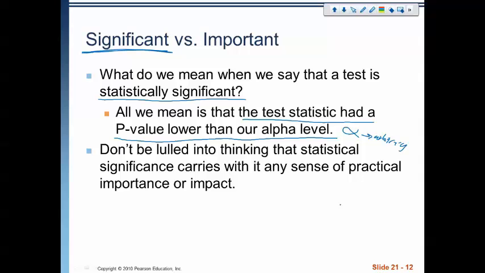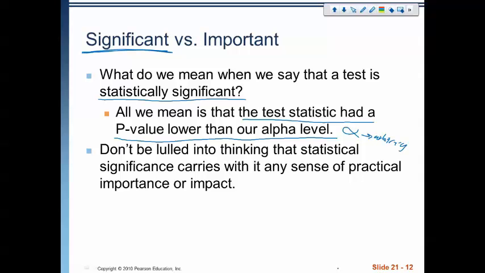What I'm trying to say here is that we should not be lulled into thinking that statistically significant means any sense of practical importance. All we're saying when we say something is statistically significant is that the p-value I calculated is lower than the alpha level that I set for this test.